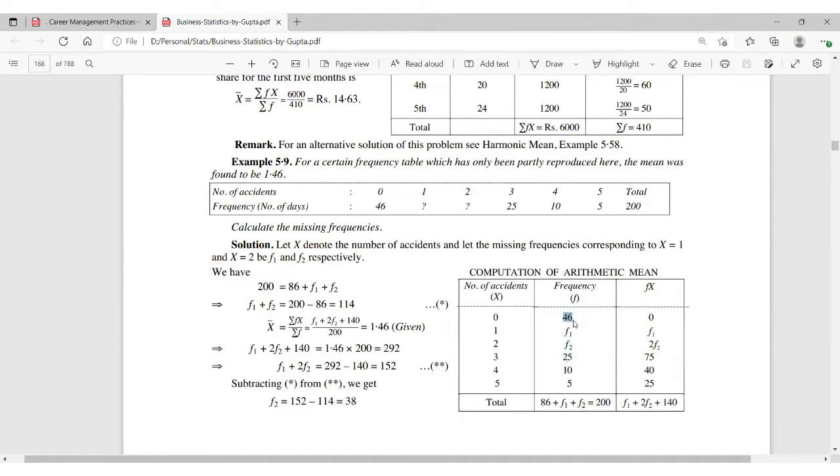Adding 46, 25, 10 and 5 gives 86, so 86 plus F1 plus F2. Clear? Yes, sir. Clear, clear.